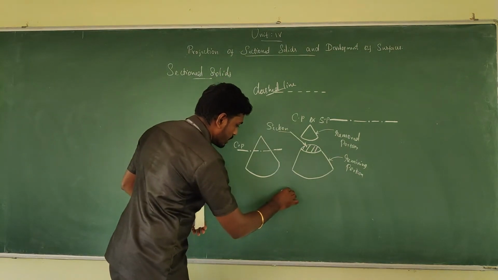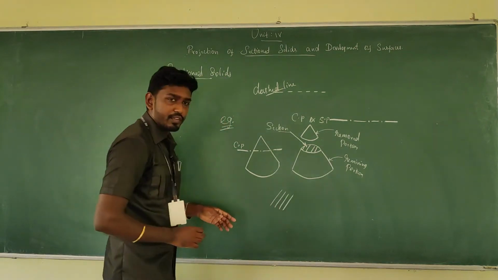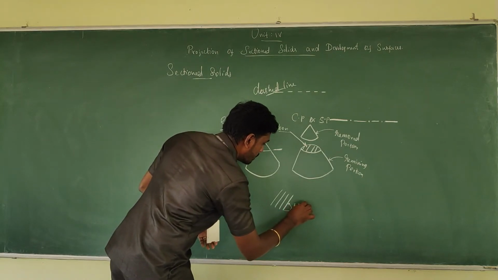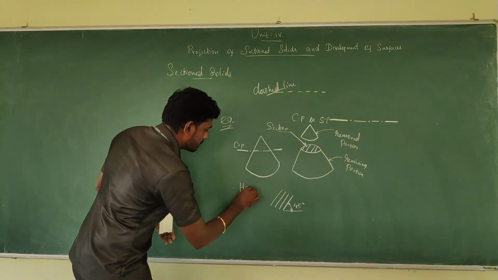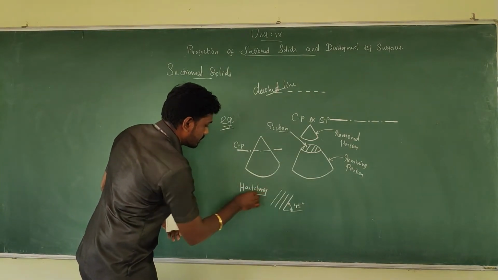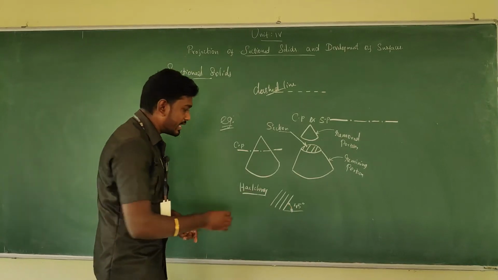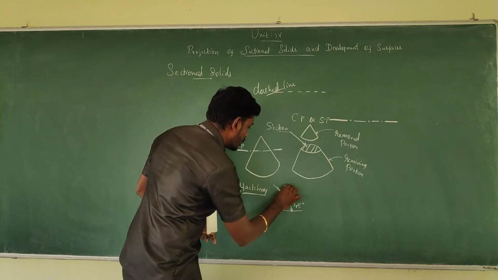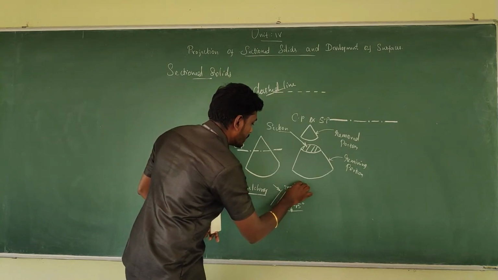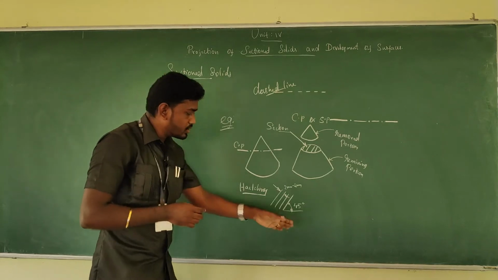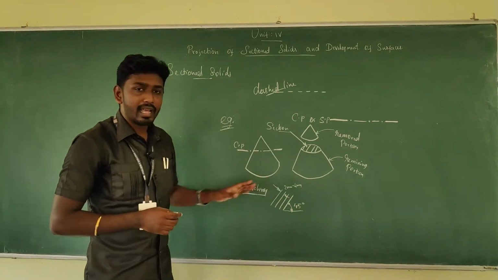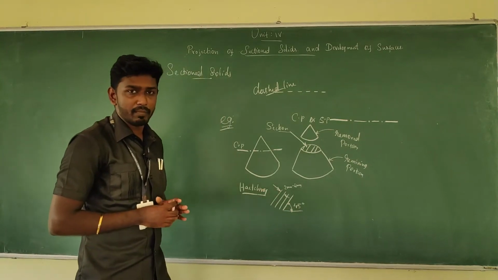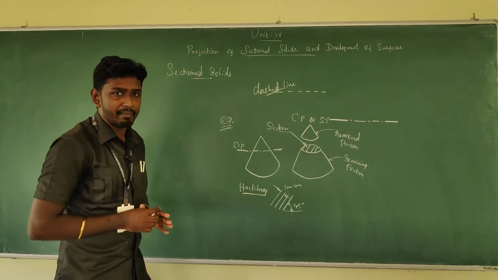If you do the hatching, the hatching line inclination should be 45 degrees, and the gap between the lines should be maintained at 2 mm to 4 mm. It can be 3 mm. If you maintain 2 mm, the entire hatching should be at 2 mm. If you maintain a 3 mm gap, then the entire hatching should be done at 3 mm. It can be a 2 to 4 mm gap.